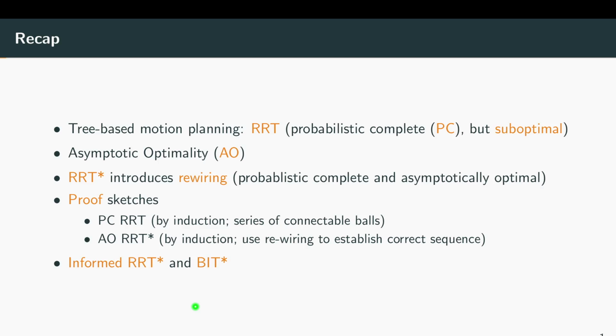And then Andreas discussed a few more advanced extensions of these algorithms, in particular informed RRT star, which combines ideas from informed search with RRT star, and one very concrete instance, which was BIT star.